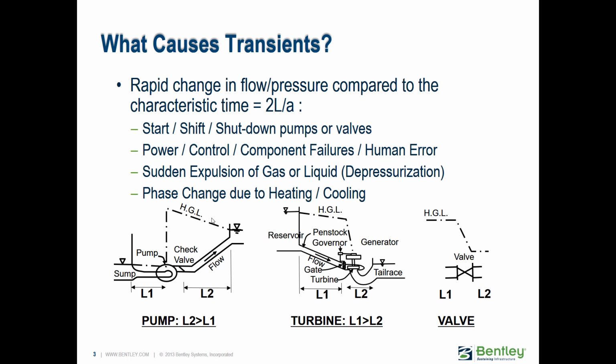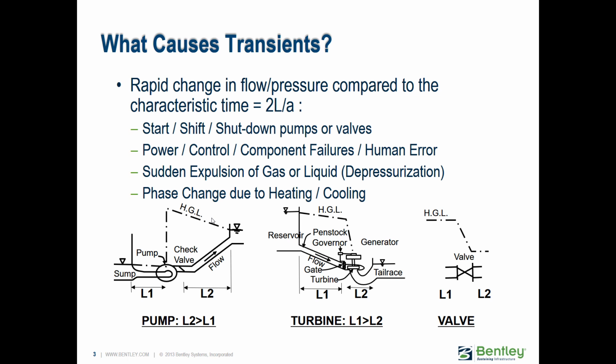Sometimes that change may happen very slowly, and in that case, it's still a transient. You have a transition from one state to another, but it may not necessarily generate a hydraulic surge.